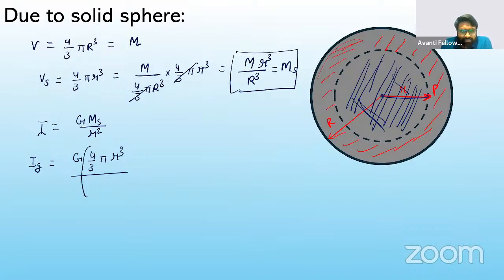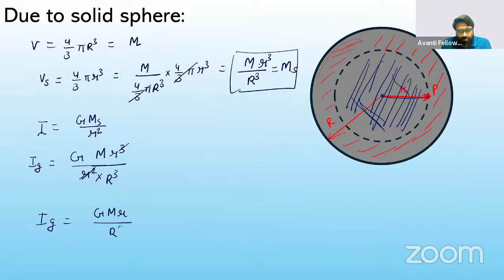Sorry guys, it is only G capital M small r cube divided by capital R cube, and leftover is r square. Power 3 and power 2 cancel out. So Ig what we have here is GMr upon R cube.